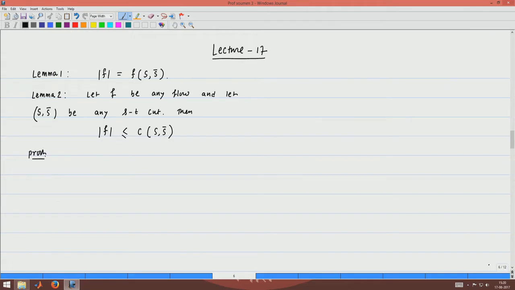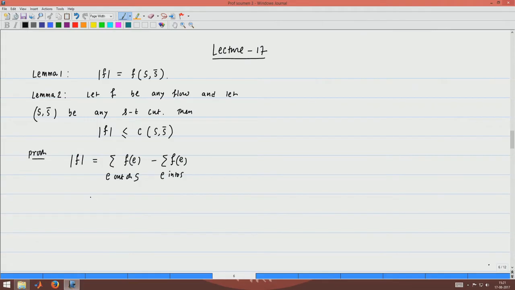We will prove this lemma now. So, what we know is that the value of a flow is equal to the sum of f(e) for e out of S, minus the sum of f(e) for all e into S, right.